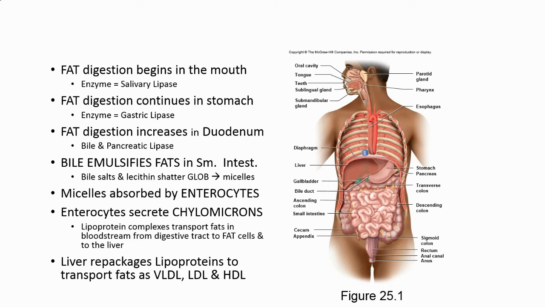Within those small intestine cells, there's some biochemistry going on, and the fats are reshuffled into a different package and secreted as chylomicrons. These lipoprotein complexes will transport fats through the bloodstream safely without those little particles of fat sticking together and forming some big fat embolism.